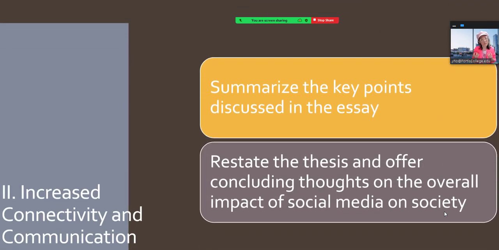Or you could have it summarize the key points discussed in the essay. And if you get stuck on how to restate your thesis statement, you can put your thesis statement into ChatGPT and press enter, and it will restate the thesis statement for you.